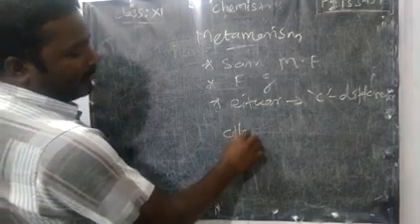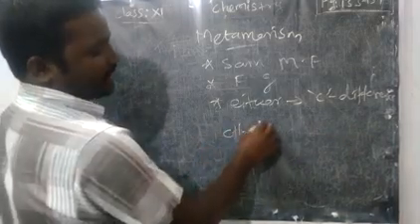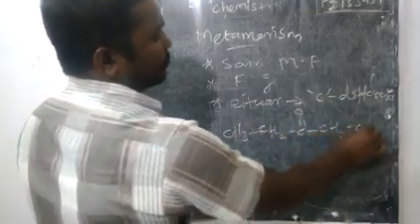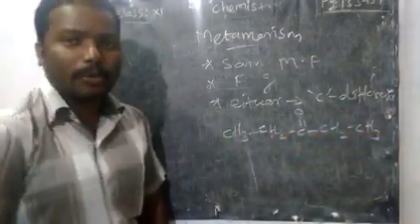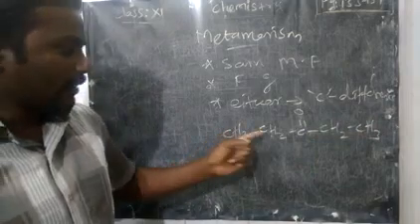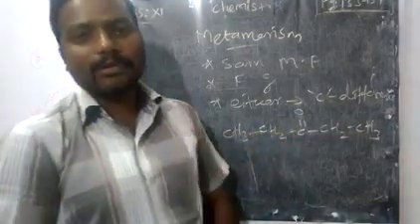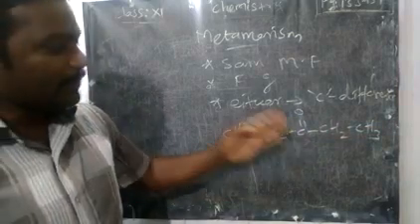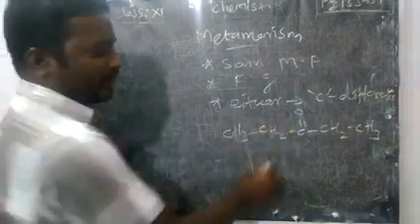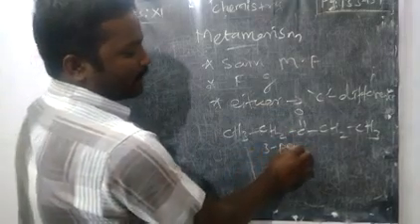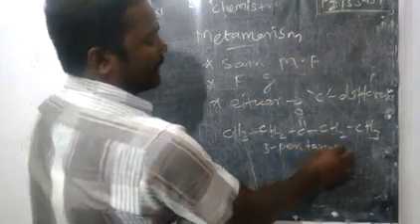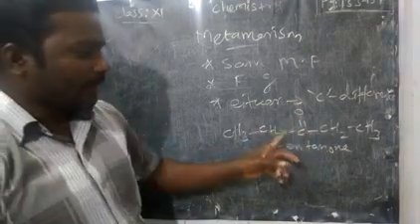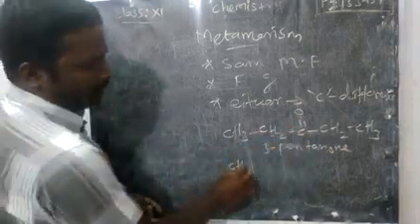Take pentanone, CH3, CH2, C double bond O, CH2, CH3. What's the name of this compound? 1, 2, 3. On the third carbon we have the C double bond O group, so it is 3-pentanone. Now if the C double bond O is present on the second carbon, how will you write?